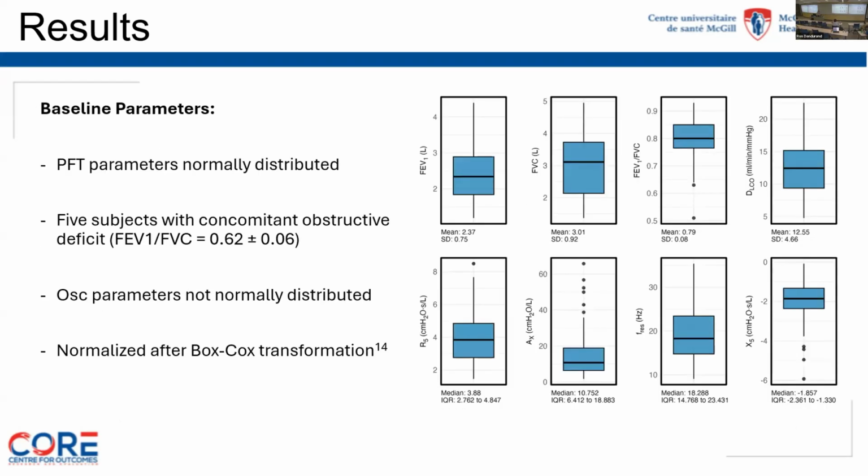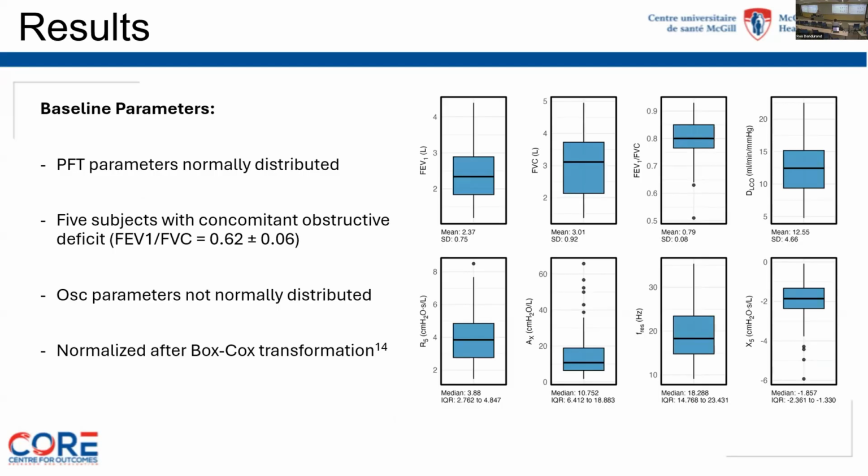So here are our baseline parameters. We looked at FEV1 and FVC and the ratio between FEV1 and FVC in all participants. If data was available as per clinical need, DLCO was also collected and analyzed. And for oscillometry, we looked at R5, AX, the resonant frequency, and X5.